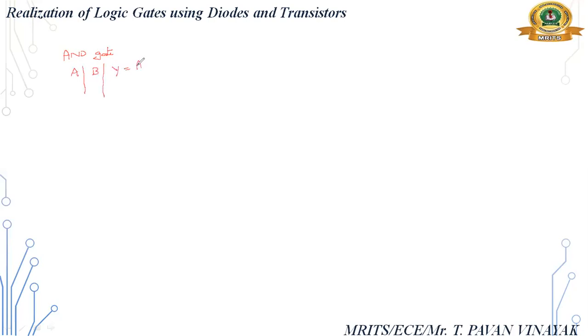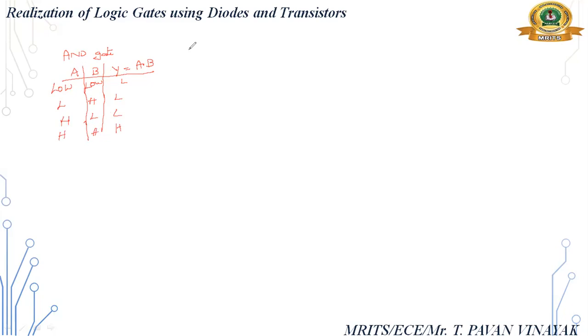Y is equal to A into B. Low, low: we get low. Low, high: we get low. High, low: we get low. Both are high voltages: we get high voltage. This is the AND gate.